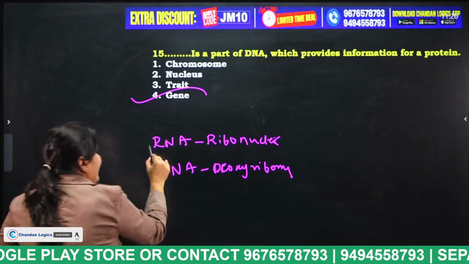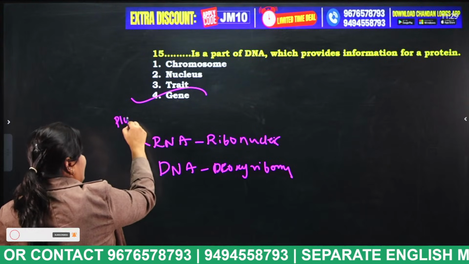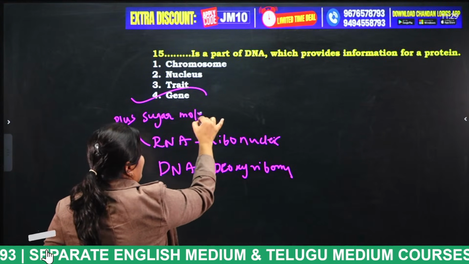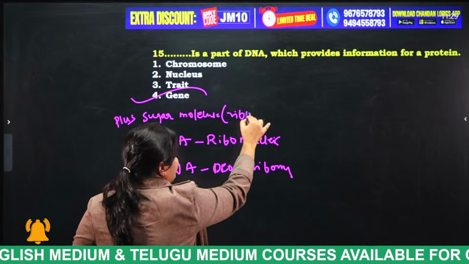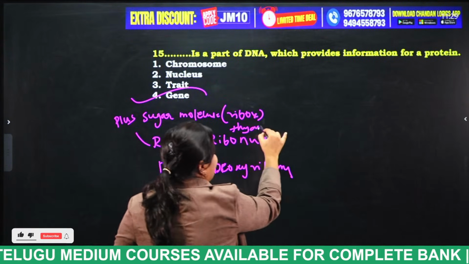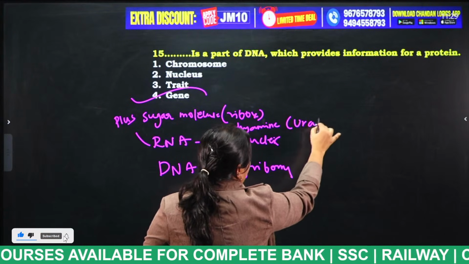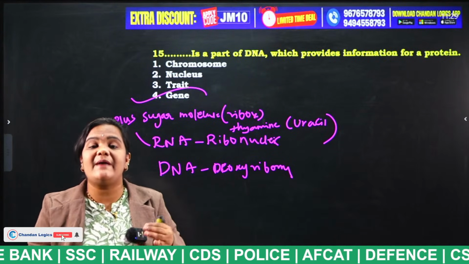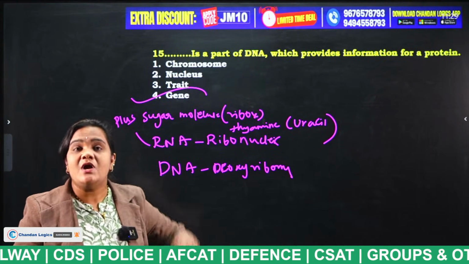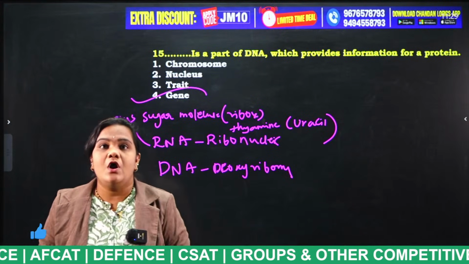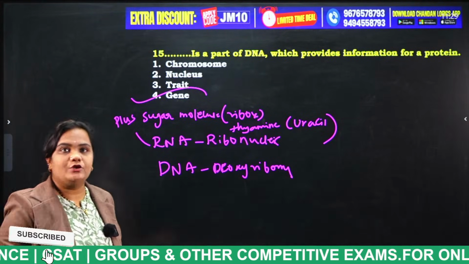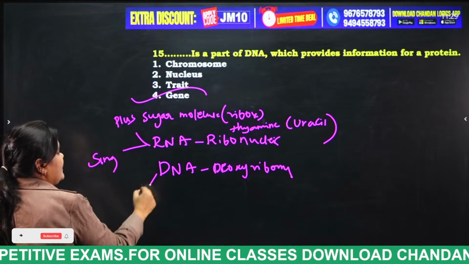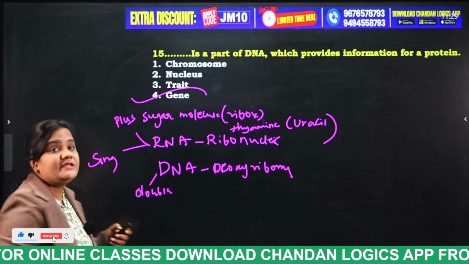RNA consists of a sugar molecule which is ribose, and instead of thymine it has uracil. DNA is double stranded with a double helical structure, while RNA is single stranded.